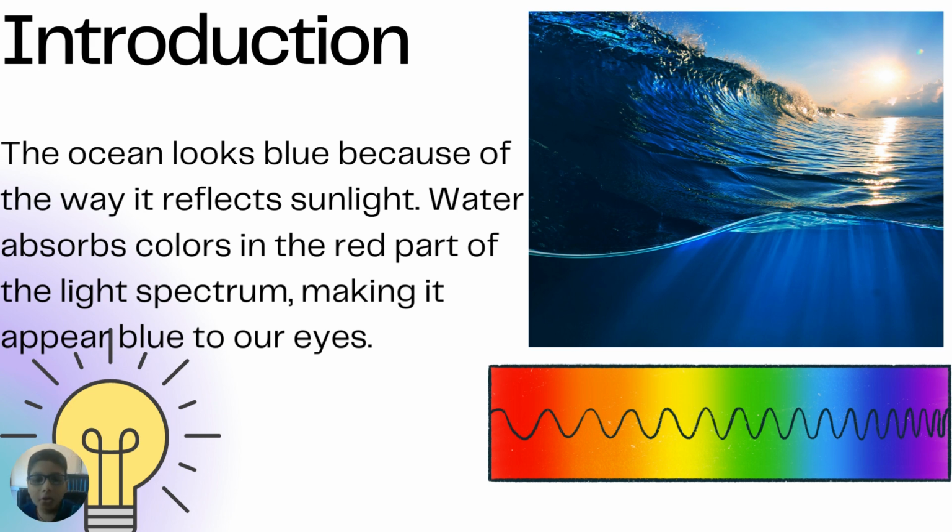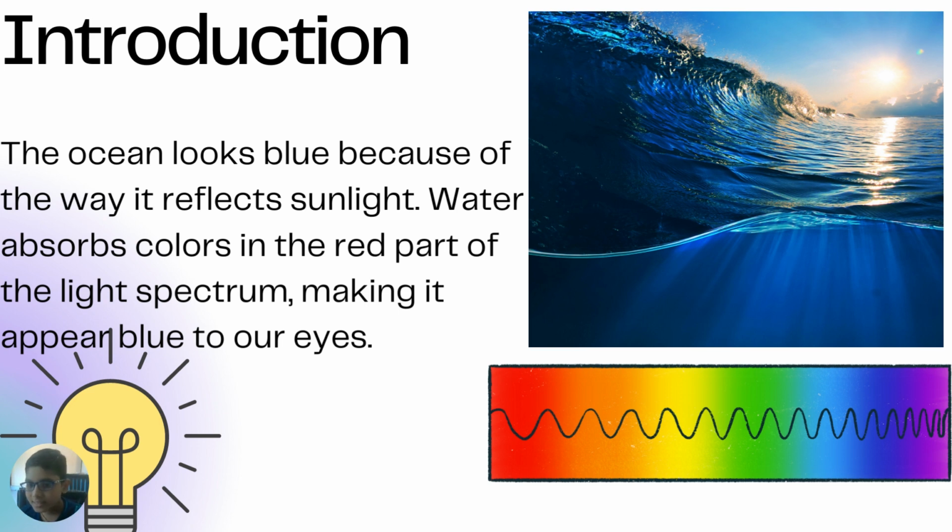Now, below the water, as you can see, there is a rainbow colored thing and some waves, like water waves, made in that rainbow. What is that? Basically, that is the light spectrum. If you are studying in class 5th or 6th, you might not know about this, but you are going to learn it in your higher grades.